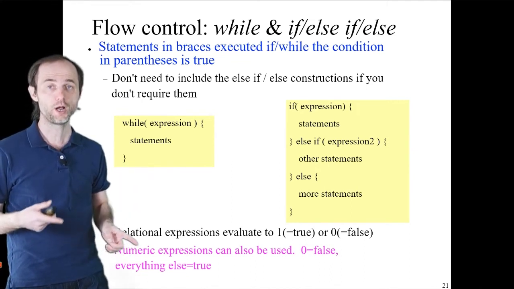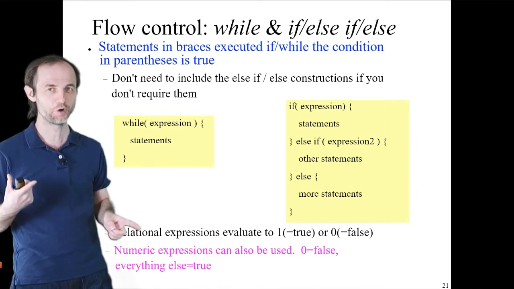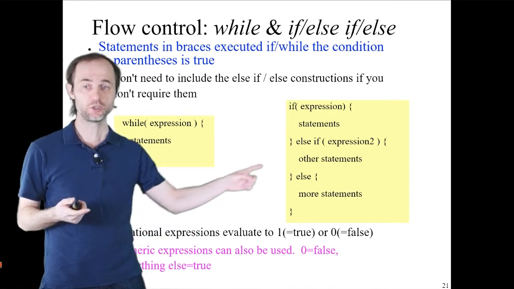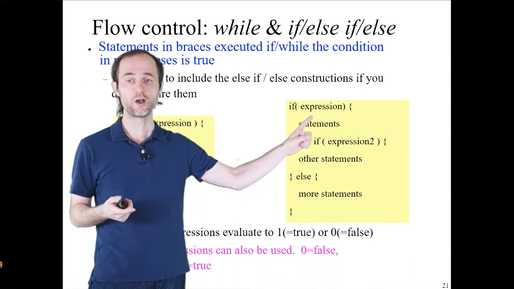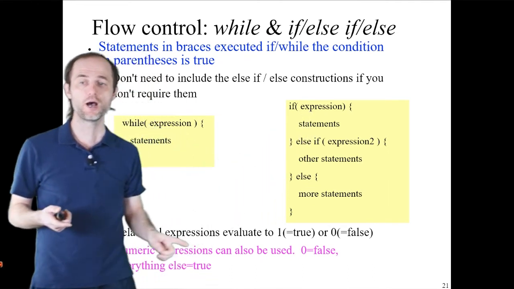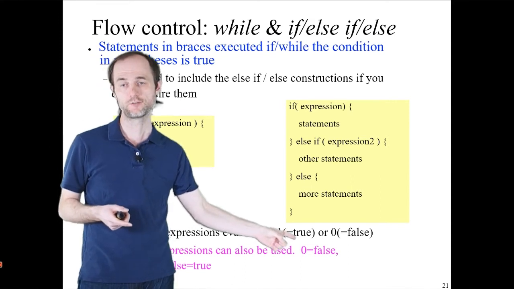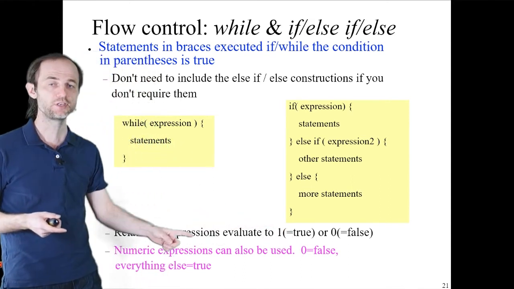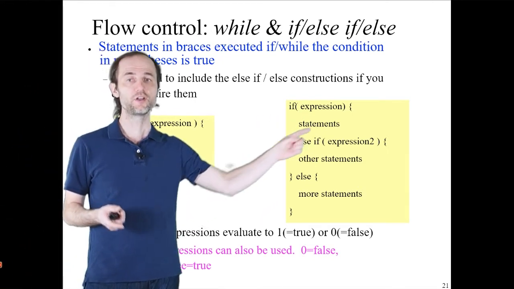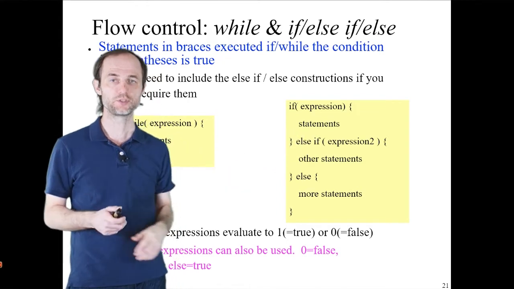If you check the truthfulness of an expression, like if 5, for instance, you can do that. 0 will be interpreted as false, and everything else will be interpreted as true. So if you put if 5, that expression will be deemed true and will carry out the statements that follow.